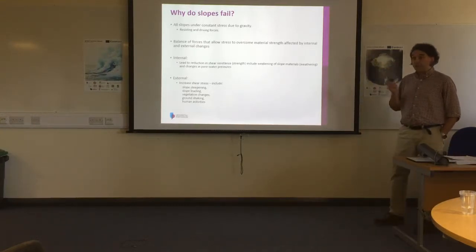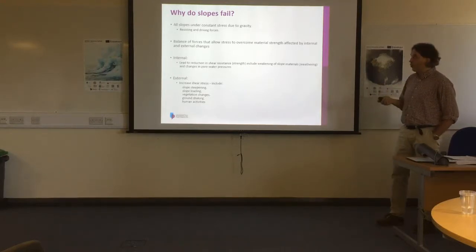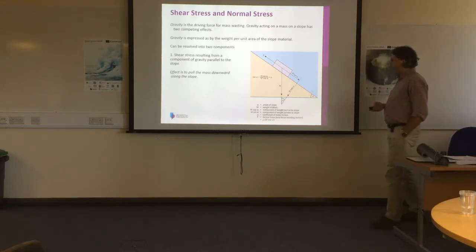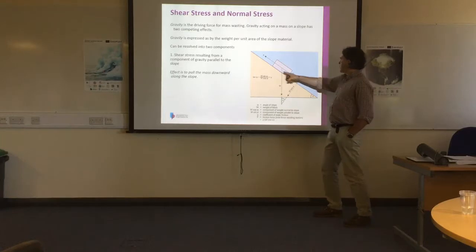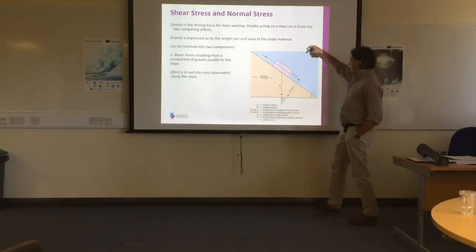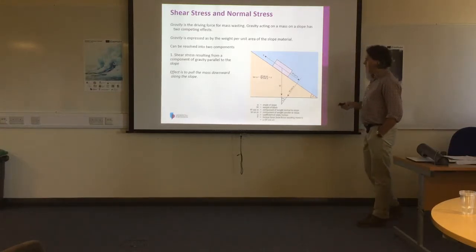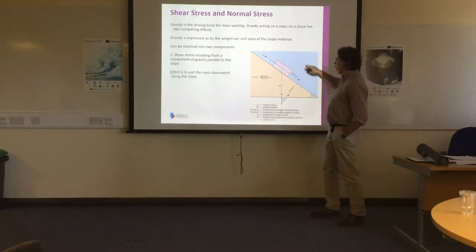All slopes you see are under the same situation. Some are not moving and some are. Very simply, this diagram illustrates the issue. Here we have a block on an inclined plane, with gravity acting down, W, and a combination of forces acting on that block.